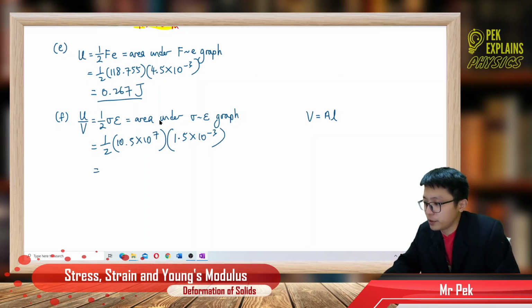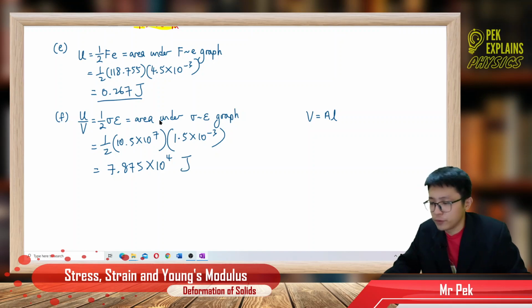Then what do you get? The strain energy per unit volume. I get the answer 7.875 exponent 4 joule per meter cube.